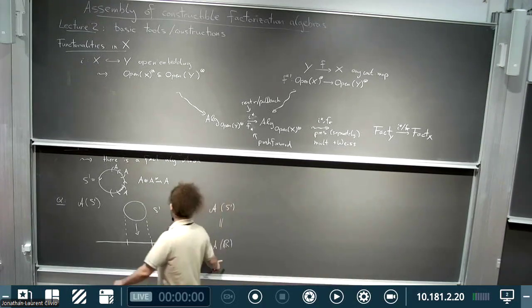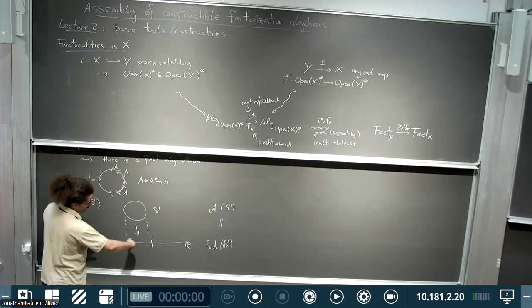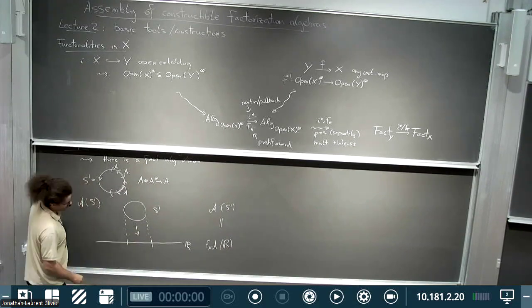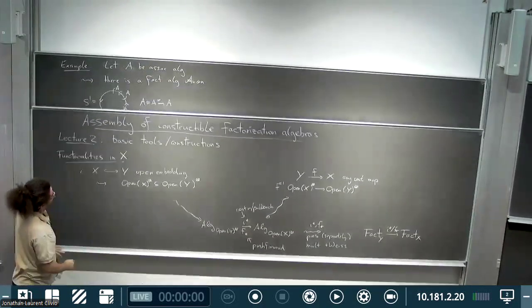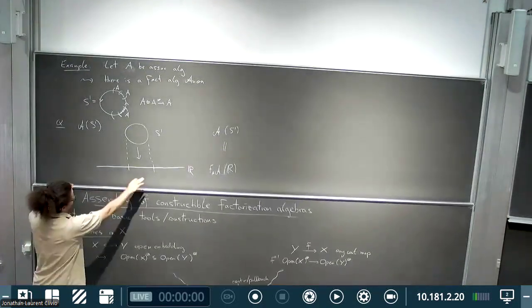And we already know how to compute, at least if it's of the shape of the example we saw last time, we know how to compute this thing. So we just have to quickly observe how the factorization algebra looks down here.